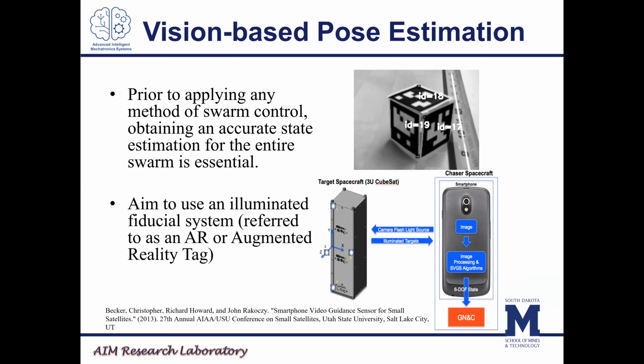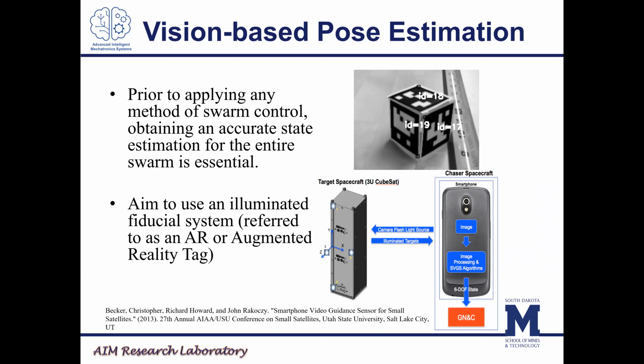One of the downsides of this system is that if we had 10 or 12 different satellites that we wanted to identify, it would be difficult to identify them each uniquely from each other. One other system that can do that quite well is called augmented reality, or AR tag.